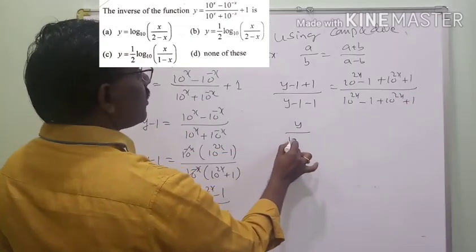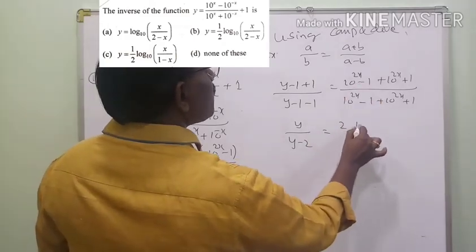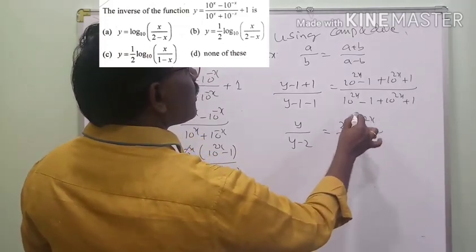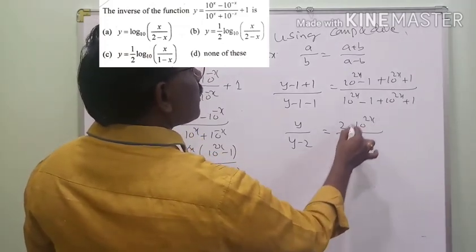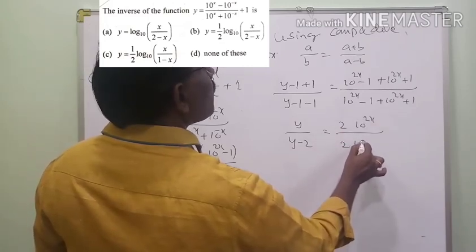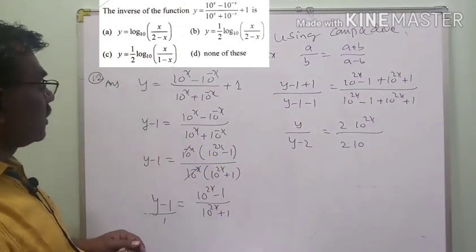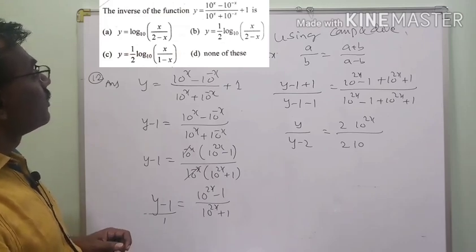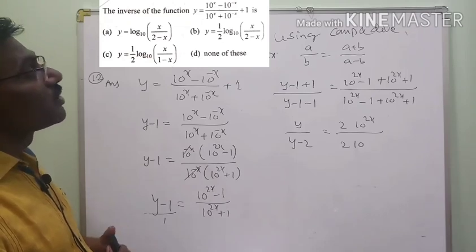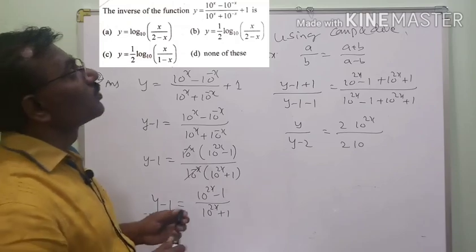So y divided by y minus 2 equal to twice into 10 to the power 2x. Here the 1 cancels. What are you taking common? 10 to the power 2x, and y minus 2.